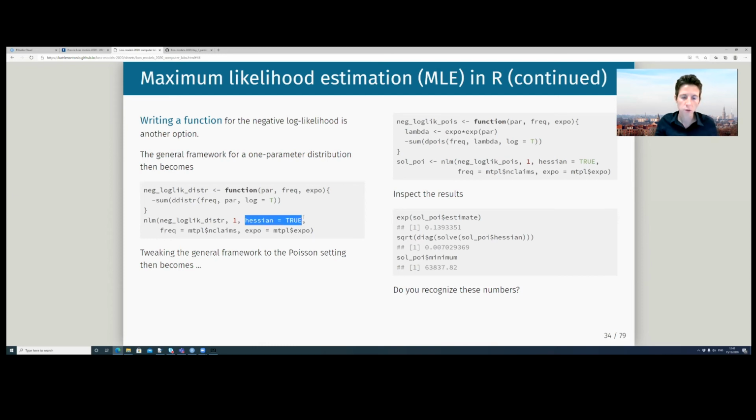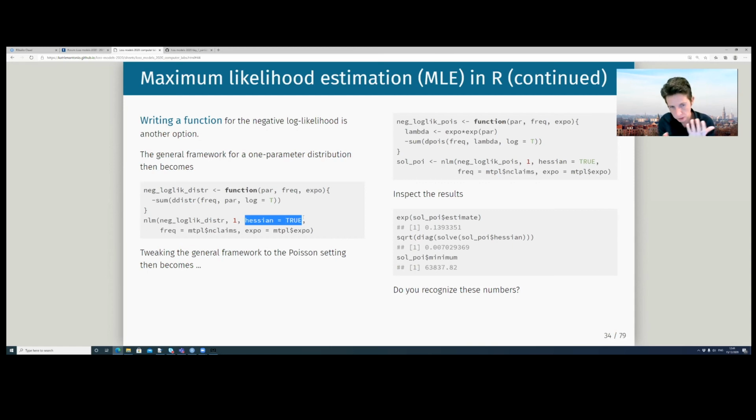We ask the routine also to calculate the Hessian. As we know from the latest classes, if we take the inverse of the negative Hessian, we get the variance covariance matrix of our maximum likelihood estimate.